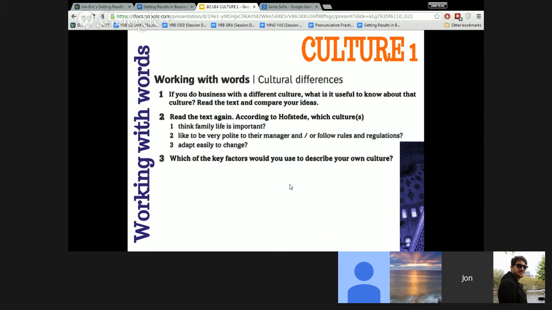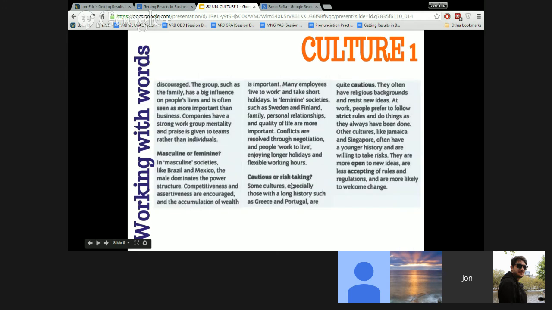question 2, part C. According to Hofstede, which culture or cultures adapt easily to change? Okay. And for that, we're looking at risk-taking cultures, right? Jamaica and Singapore. So the younger cultures are more risk-taking, according to the author.